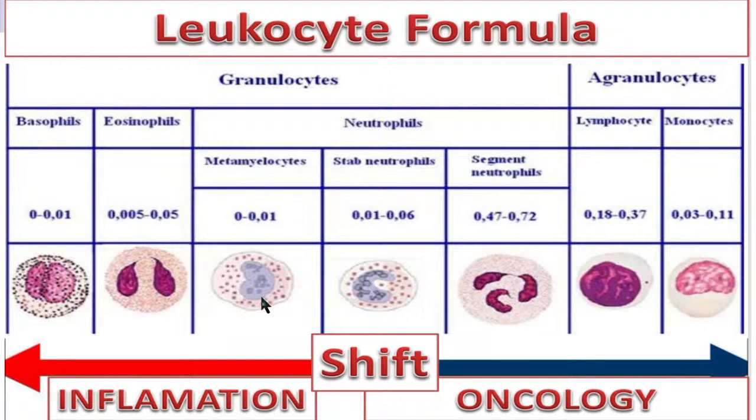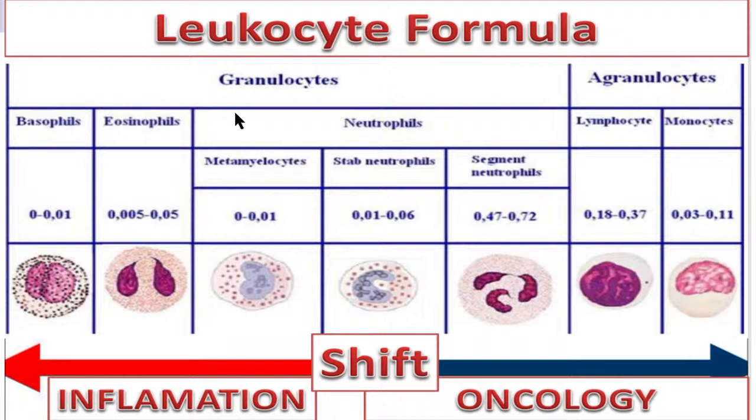Another, metamyelocytes, are young, very young neutrophils, ordinary 0 to 0.01%, meaning around 1%, and this is less than 1%. So all these cells are different stages of differentiation of neutrophils.